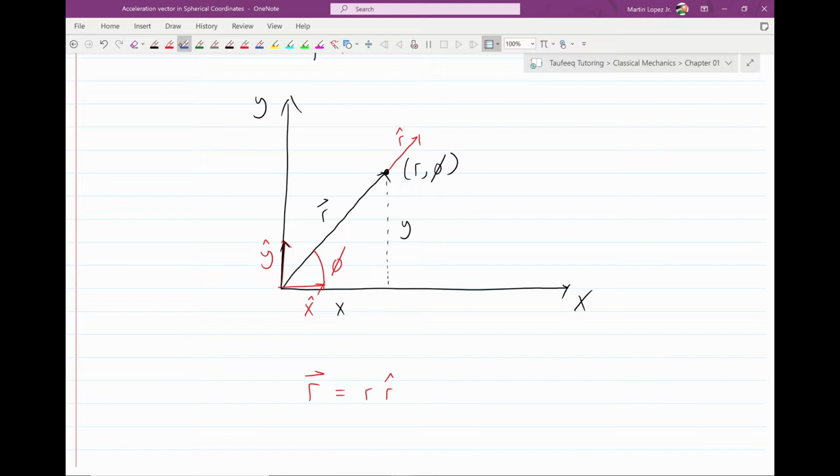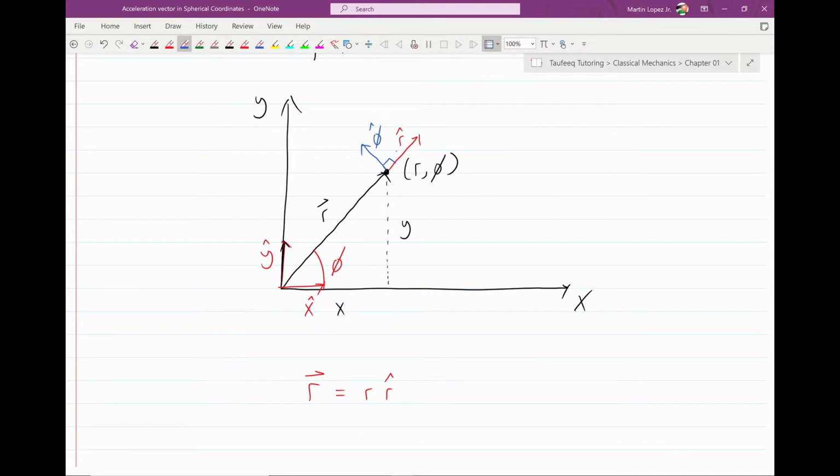Just like in Cartesian we had 2, in polar we have 2. And this one is perpendicular to r hat, and it points in the direction of increasing phi. So phi increases from right to left, right? As the angle moves from right to left, it increases positively. And these two vectors are perpendicular. Basis vectors are always perpendicular. Okay, unit vectors are always perpendicular.